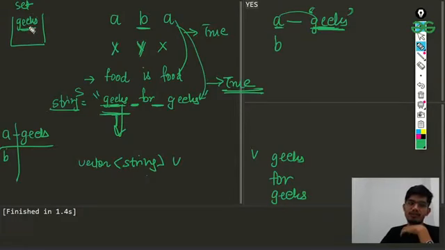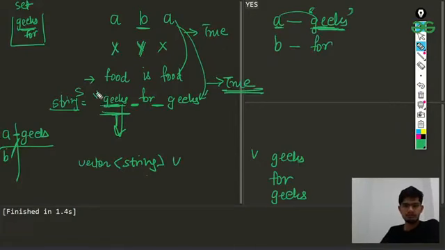If it is already present, which means we are trying to get the same value for a different key, for example, trying to give geeks for the b also, which is false. In that case, I'll just return false. If it is not present, I'll add it in my set, and then try to map this for.